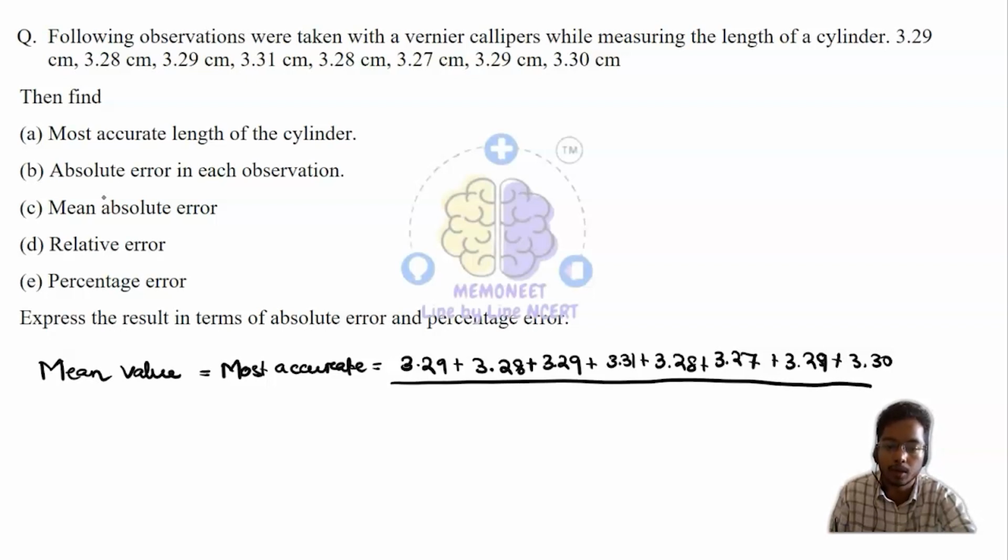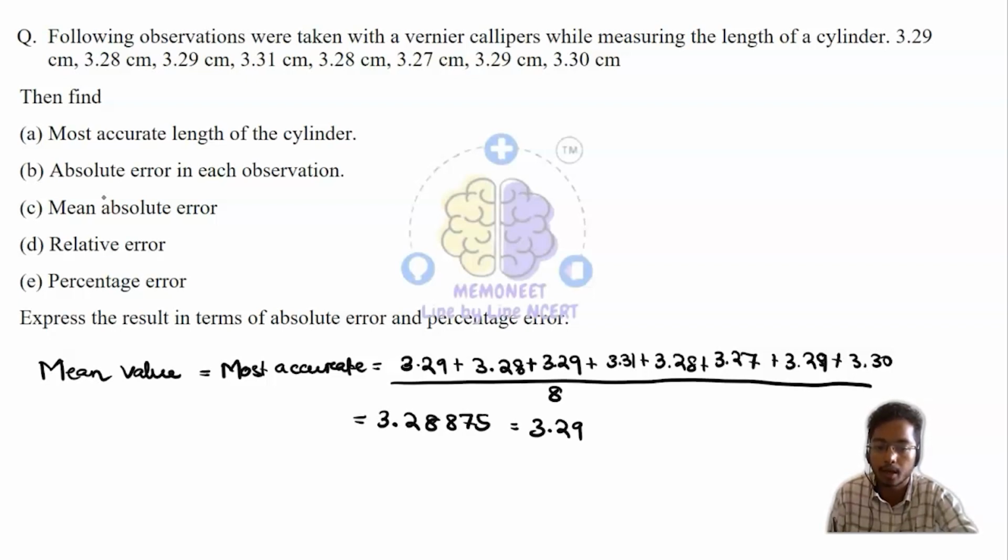So this will be divided by 8. The answer comes to be 3.28875. We can write up to 3 significant figures, that is 3.29 after rounding it up. So this will be the mean value or most accurate value.